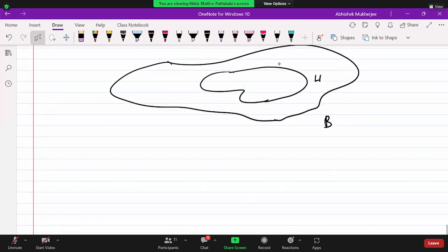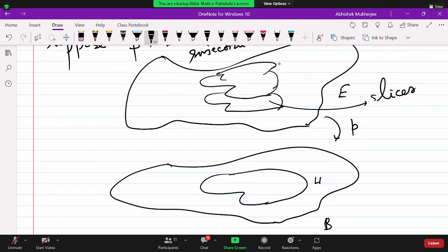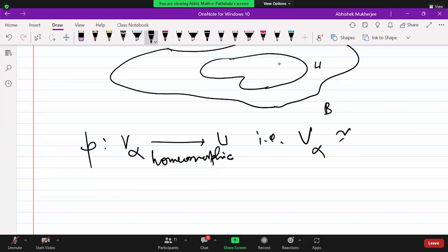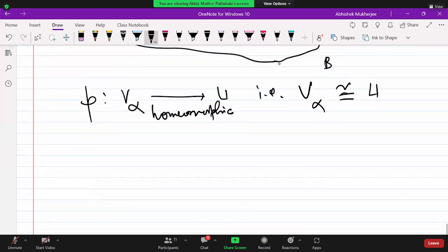If you take any slice, let us call it V alpha, then this map will be a homeomorphism onto U via this P. That is, the V alphas are homeomorphic with U.